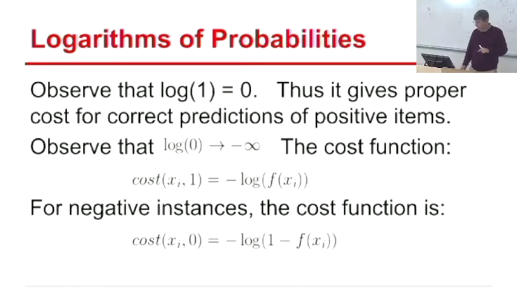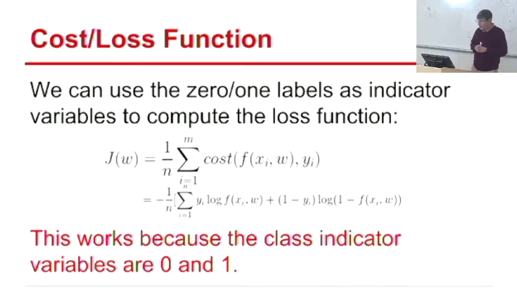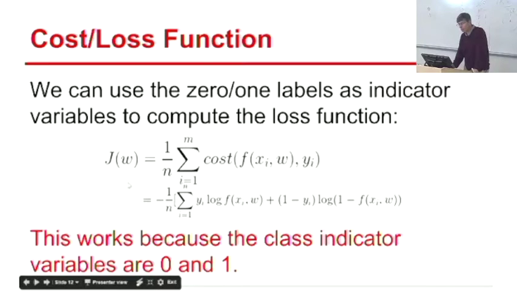And if we believe that, then the claim would be, what should our training criteria be that we want to minimize? We want to sum up over all of our training instances, all n of them. Actually, there should be an n here. I messed this up.